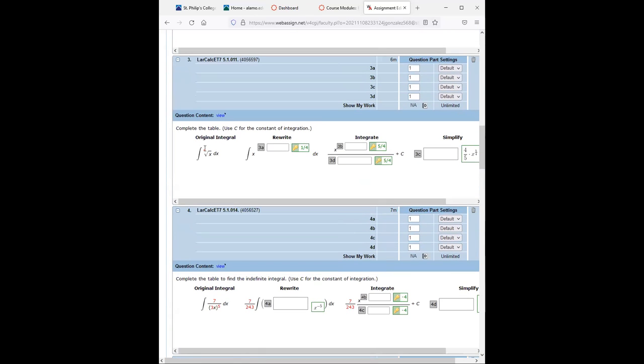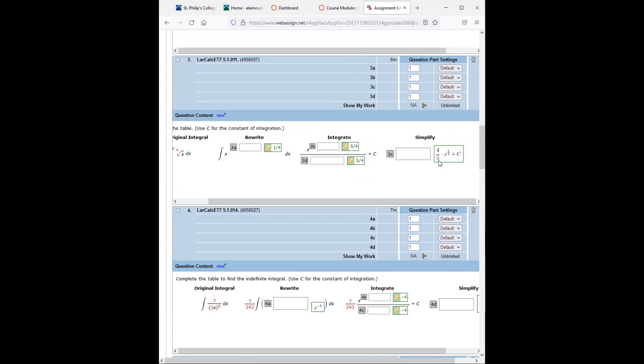First step, rewrite it. See how they want you to put a 1/4 power. Next step, add 1 to the power and divide by the result. So 1/4 plus 1 is 5/4. Divide by 5/4, and when you divide by a fraction, that's the same as multiplying by the reciprocal. So that's how you got this.